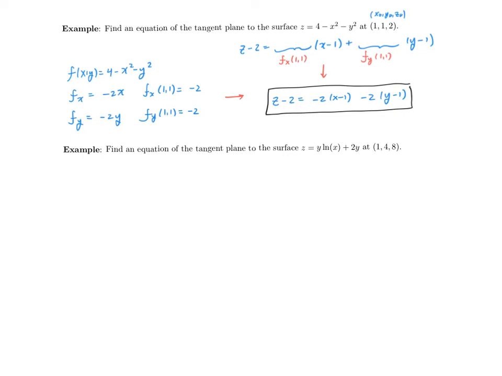It really is a highly computational question at this point. And we are now at a point where it's a great opportunity for you all to do a little practice. What I'm going to ask is for you to pause the video, take 3, maybe 4 minutes, and find the equation of the tangent plane to the surface at this specified point.